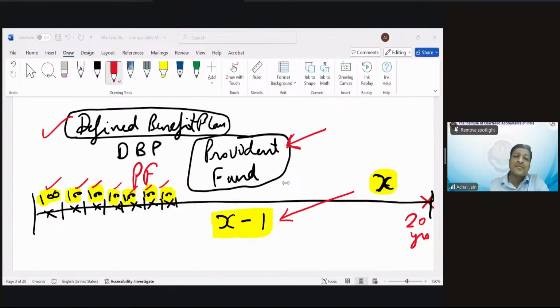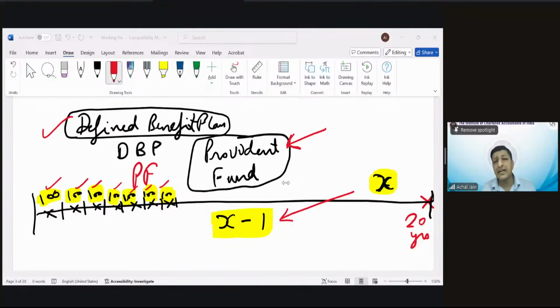Every time you'll have a question, the question will specify its requirement. The question could be for one employee, or it may ask you to compute this or suggest the accounting treatment for all the employees. So as far as the number of employees is concerned, there is no capping.